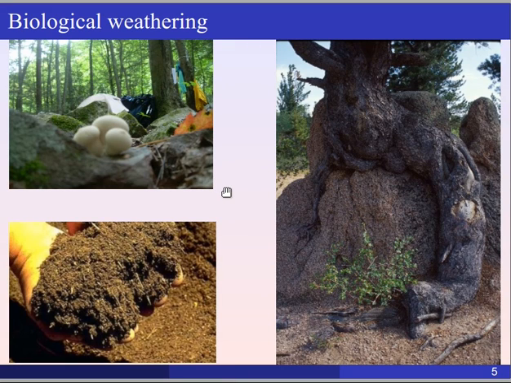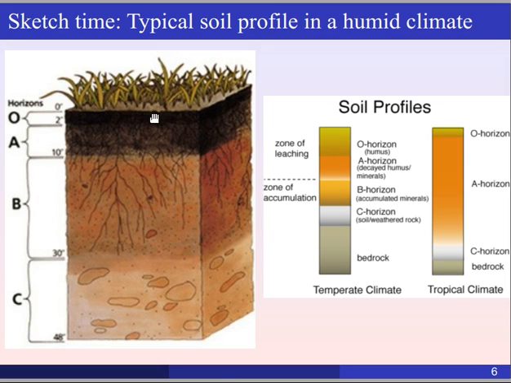Pretty amazing. So we would normally sketch this, but I'm going to just tell you a couple of the key ideas. Water moving down from the surface is one of the key things for forming a new soil. When it rains, rainwater is slightly acidic. When it falls on the surface, you've got organic material there from leaves and grass and stuff like that, and it picks up additional acids.